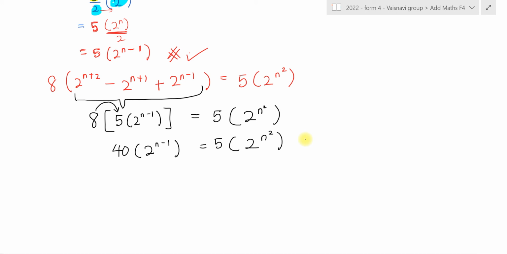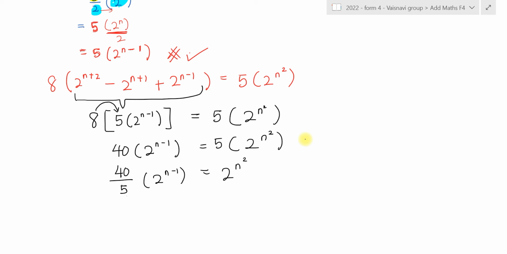Then you can bring the 5 to this side so that it forms something like this: 4 times 5, 4 divide 5, 2n minus 1. This will become 2n power 2.